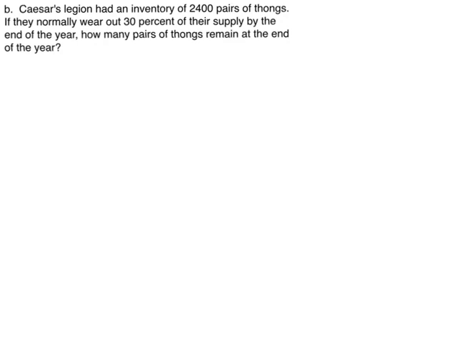Alright, so they had 2,400 and they normally wear out 30% of that number. 2,400 is their supply. So we can set it up like this. 30% of 2,400 is what number?